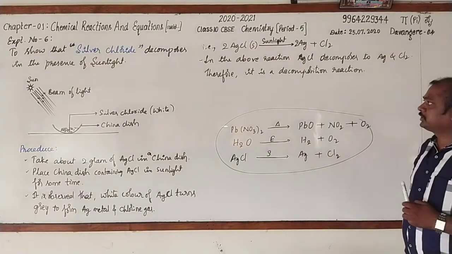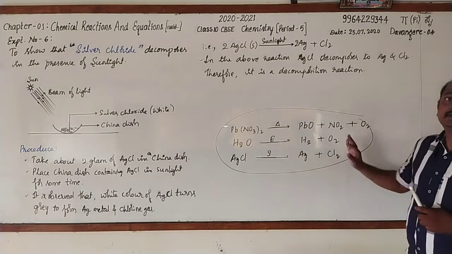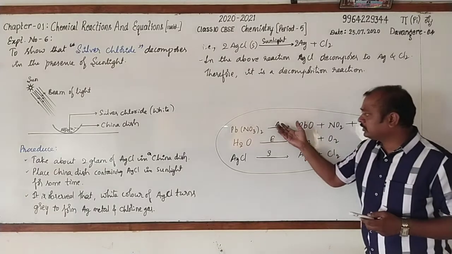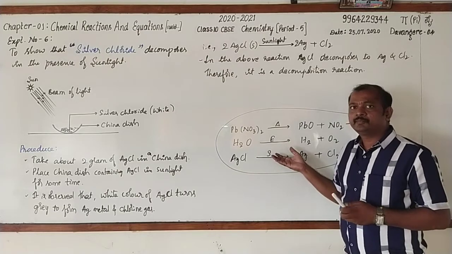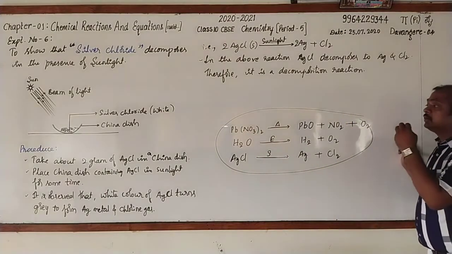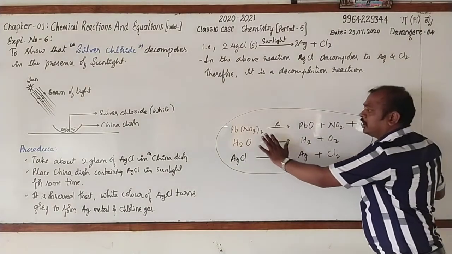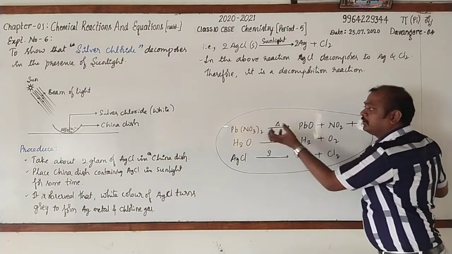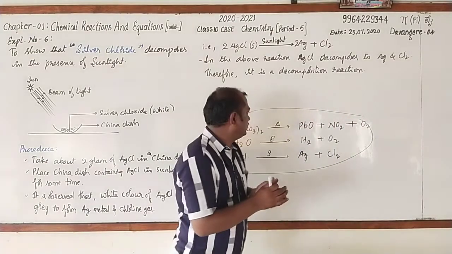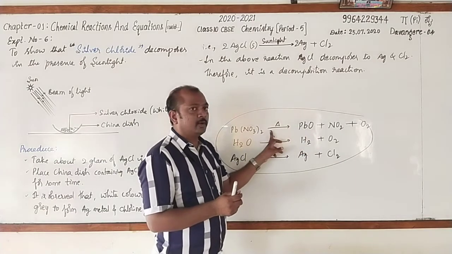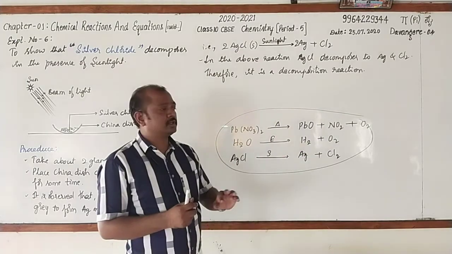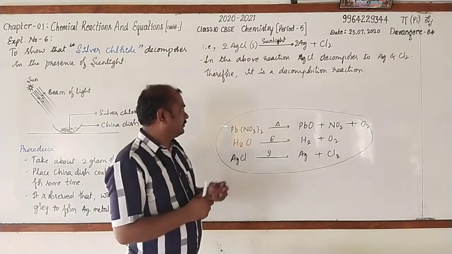And another important point to be considered in this case is the form of energy by which the decomposition reaction is carried out. Observe here. First one, lead nitrate by supplying heat, that means it absorbs the heat to undergo decomposition, and then it produces lead oxide and nitrogen dioxide as well as oxygen.